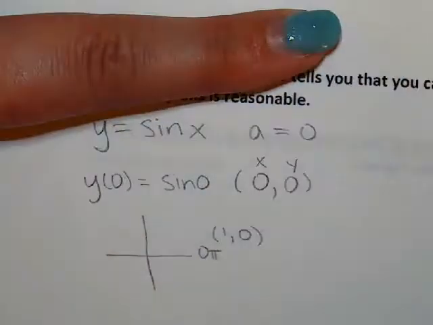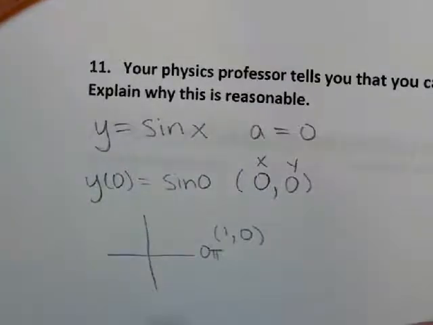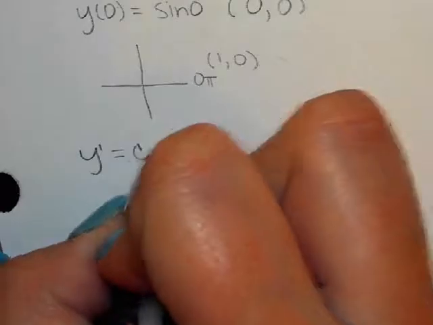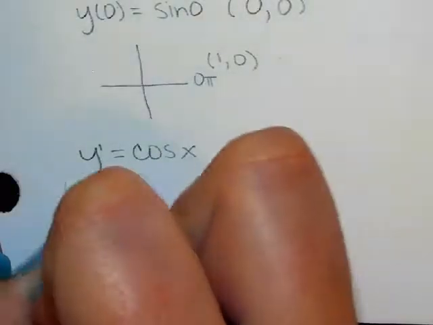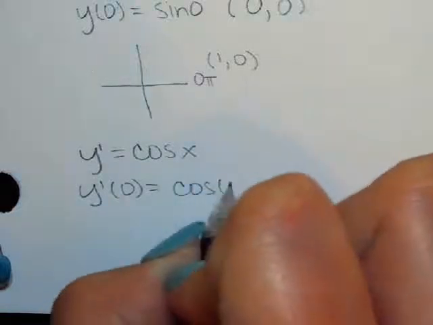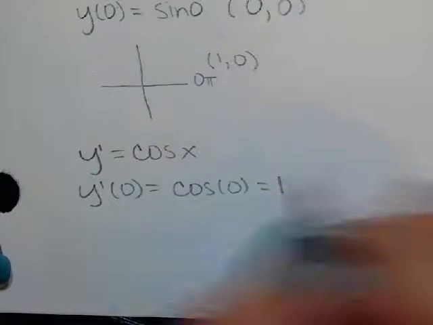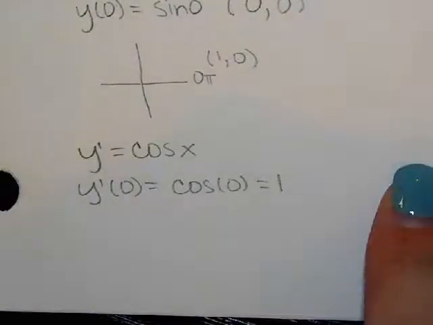Okay. All right, let's go ahead and continue on with the process. What else do we need for our tangent line approximation? The derivative. Okay, y prime is cos. y prime of 0 is cos of 0, which is 1. Okay, so now let's go ahead and write our tangent line approximation.